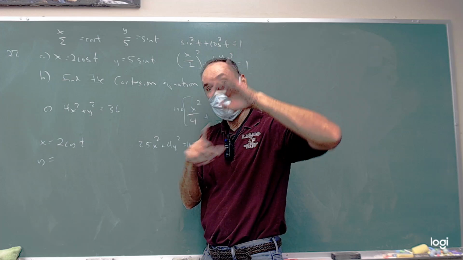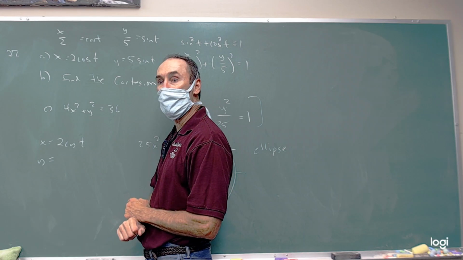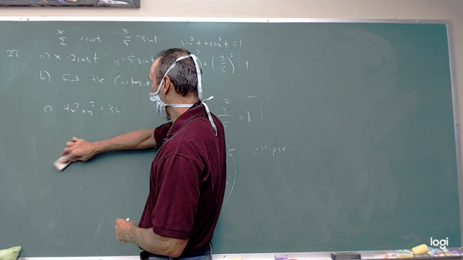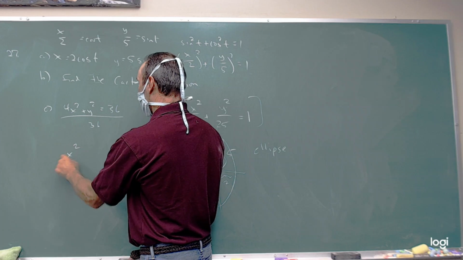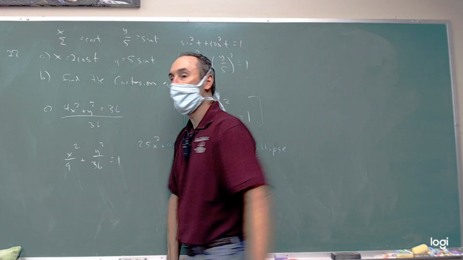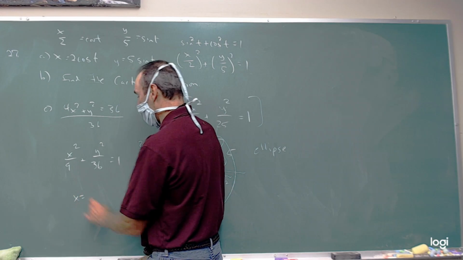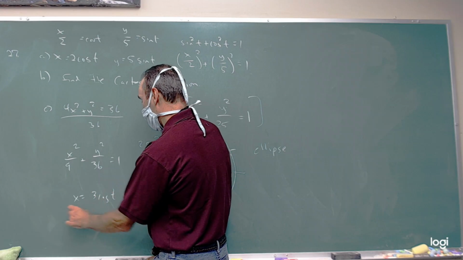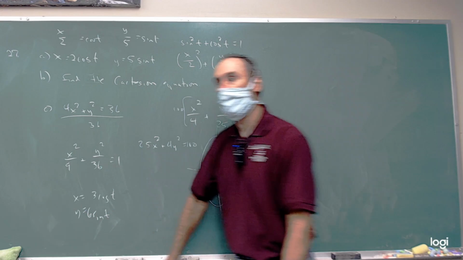It's just going to change the direction you go around the ellipse, I believe. And so this one's going to be, oh, wait, not true, hold on. Don't do that yet. We want to make this 1 first. That's going to change things. Okay, now we're ready. Because now x is going to be 3 cosine t, and y is going to be 6 sine t. There we go.